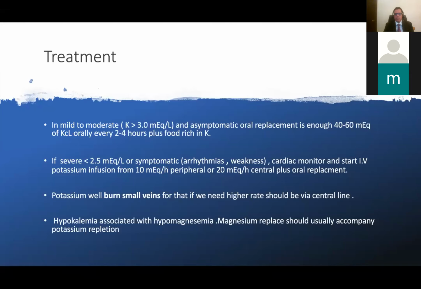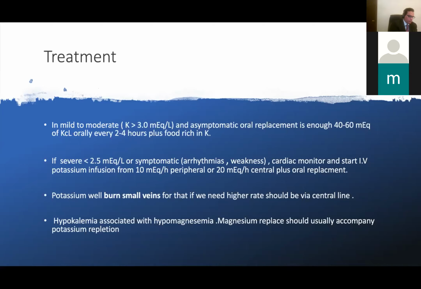If you go to the second option, if your potassium level is less than 2.5, or your patient is symptomatic in the form of arrhythmias or ECG changes or muscular weakness, here the approach will be totally different. You should start your patient on a cardiac monitor, insert IV lines, and start potassium infusion.